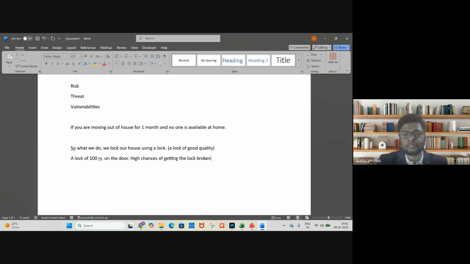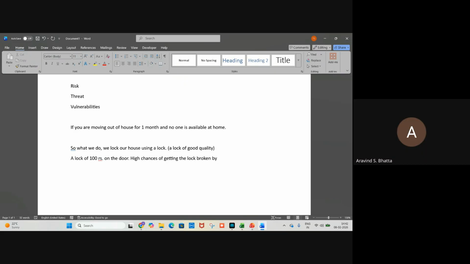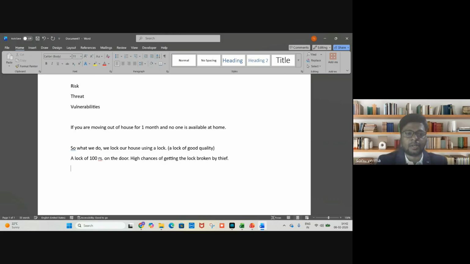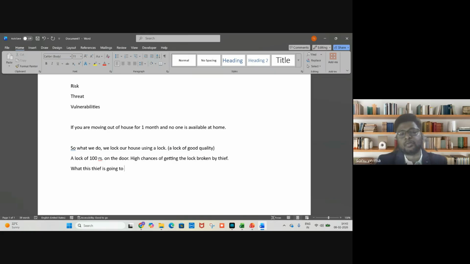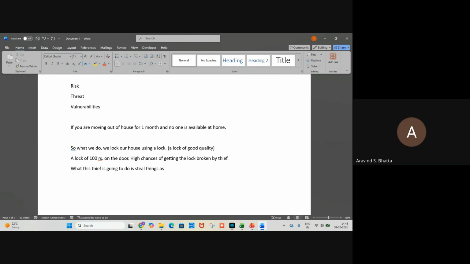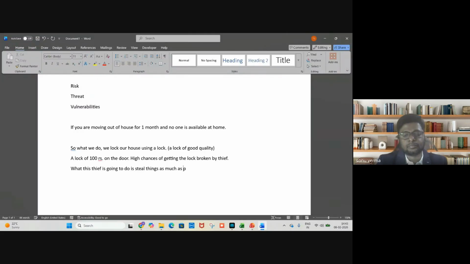By whom, Arvind? Mostly by thieves, somebody who had some intention. And what is this thief going to do? Try to get whatever they can, steal things as much as possible.